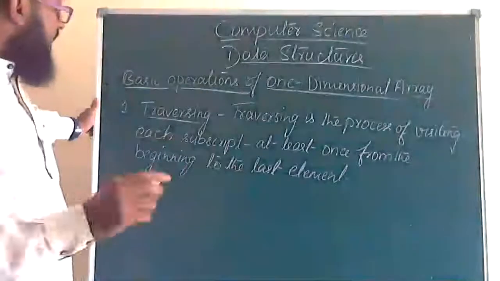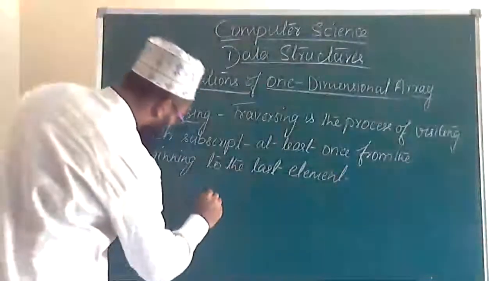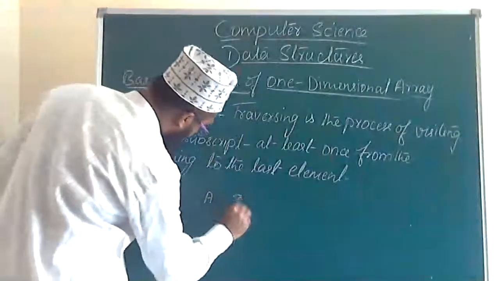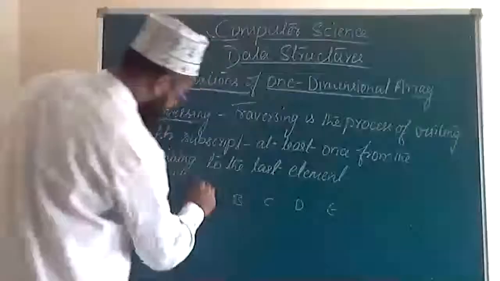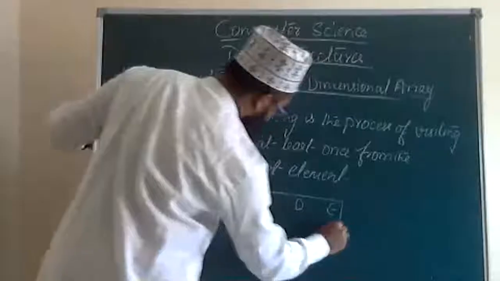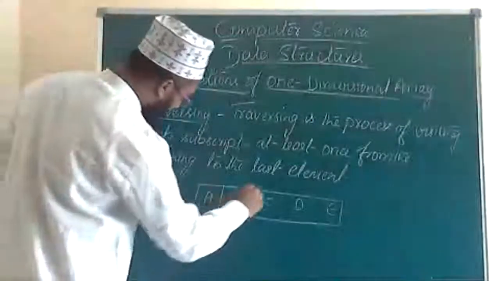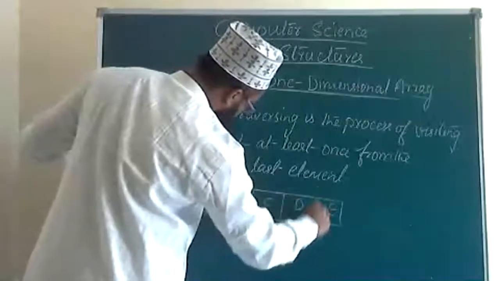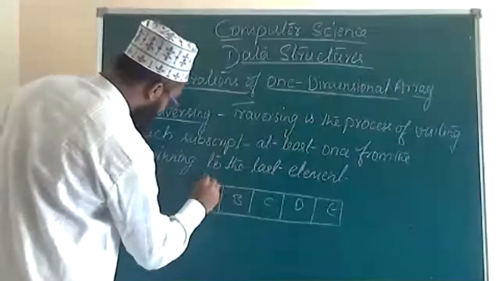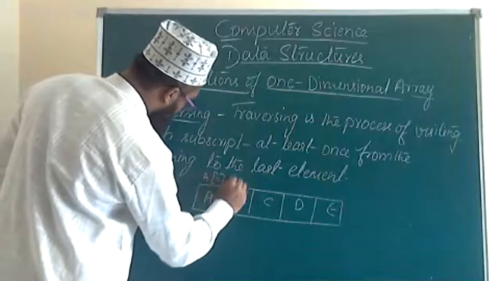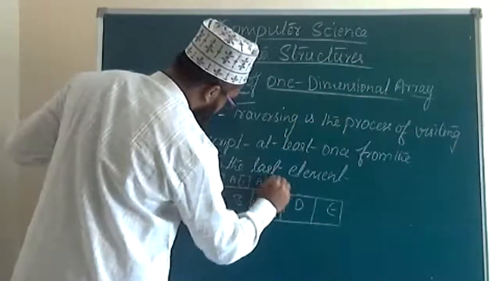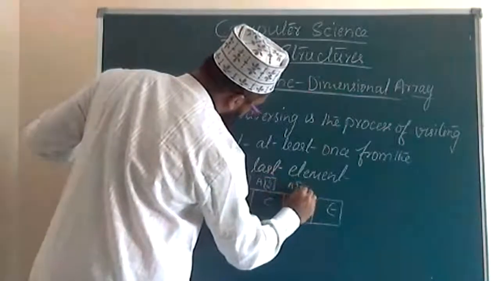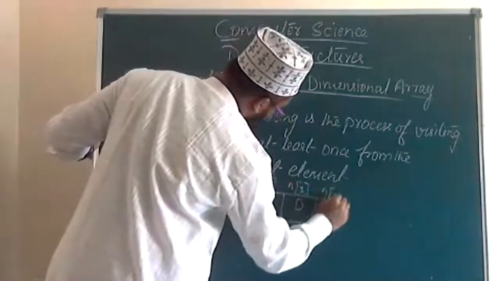So we take an example here: A, B, C, D. Five data items of an array are here. Their subscripts are given by A of 0, A of 1, A of 2, A of 3, and A of 4.